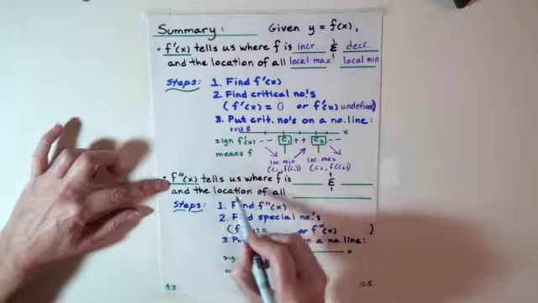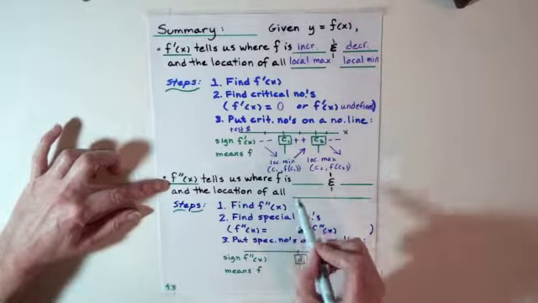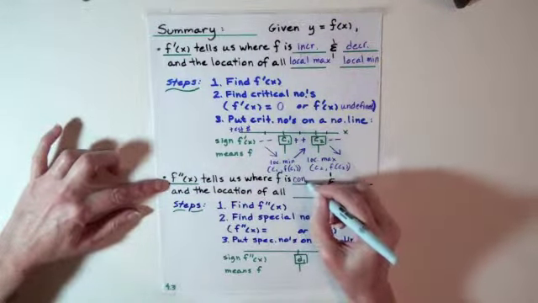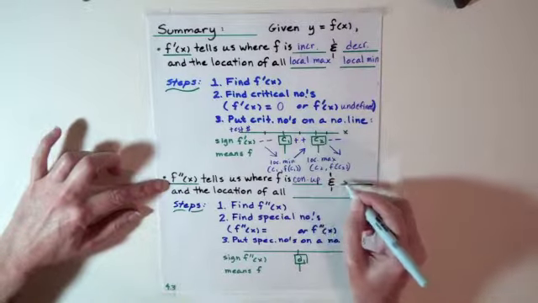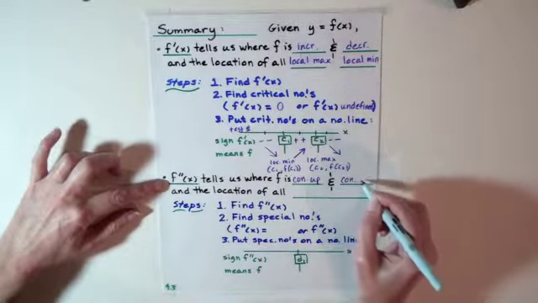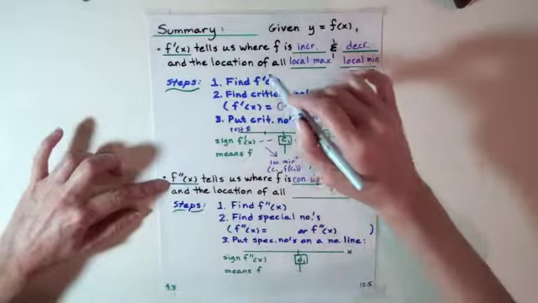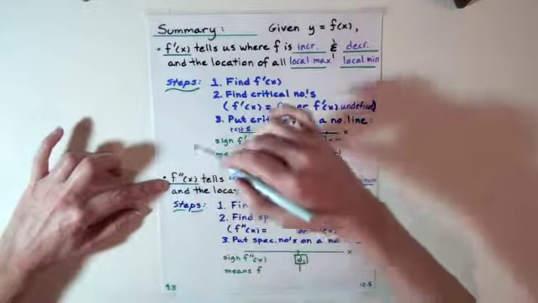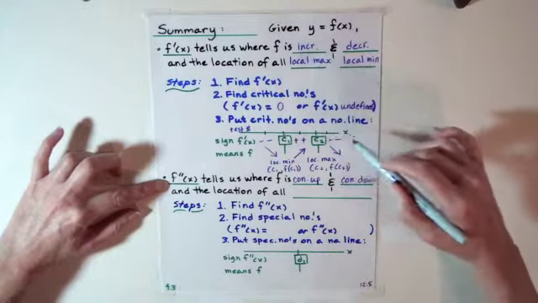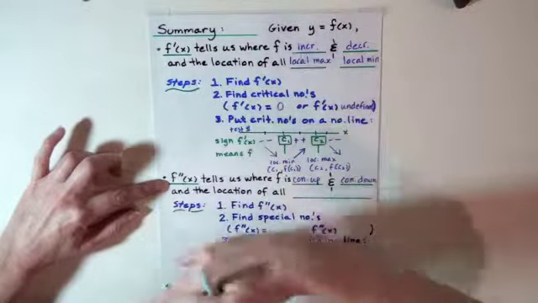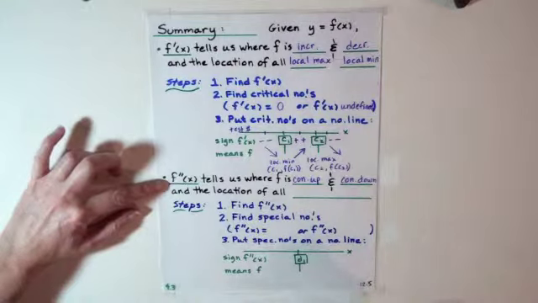Remember that f double prime of x tells us where f is concave up and concave down. So it tells us a little bit more subtle behavior of the graph, not just, oh, it's going up, it's going down, but how it's going up and how it's going down, whether it's scooped upwards or scooped downwards.